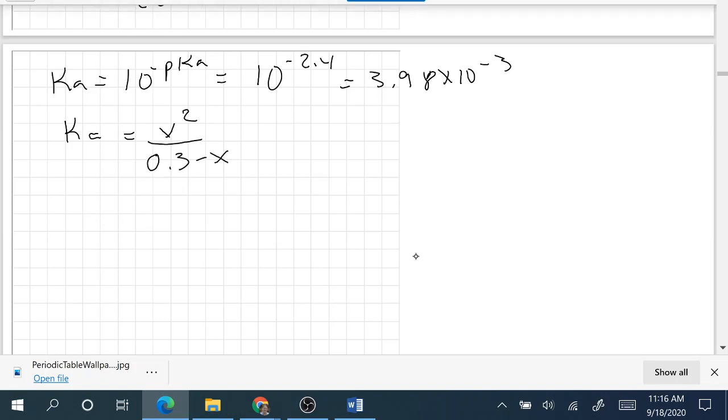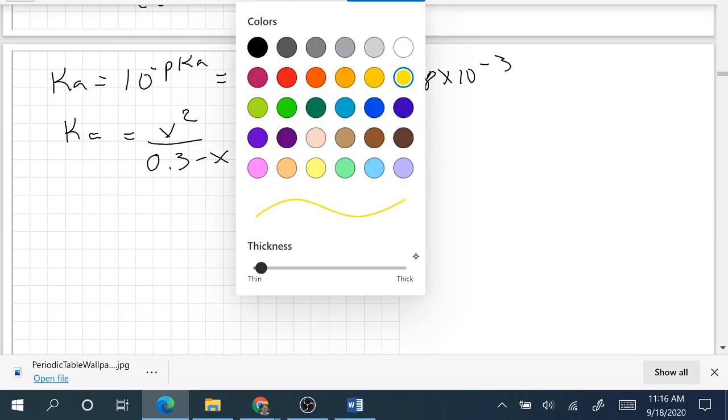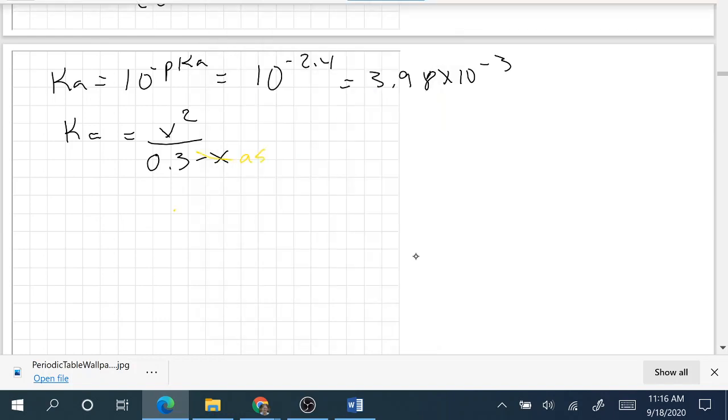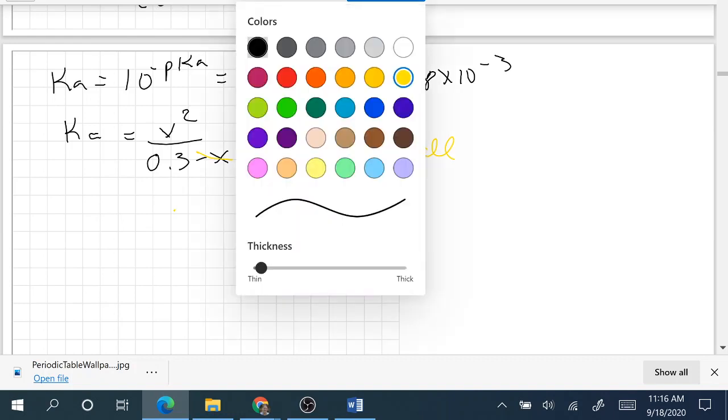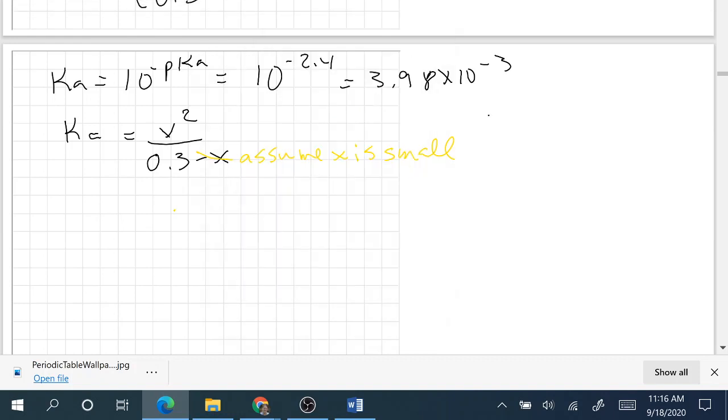Okay, so if we assume x is small so that we don't have to work out the quadratic equation. Now you could certainly do that if you want to. It's not that hard, but in the interest of time and because it probably won't make a difference in a significant digit, I'm going to go ahead and ignore x on the bottom.